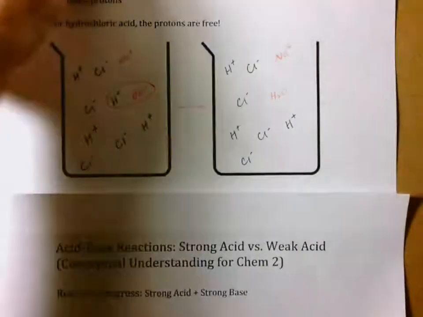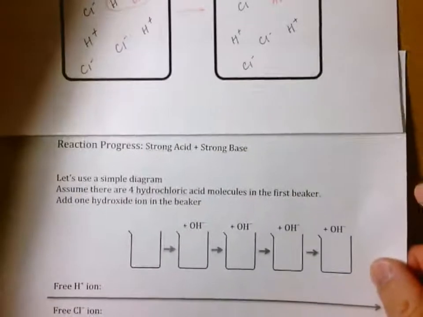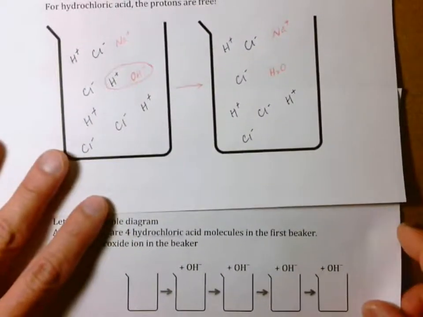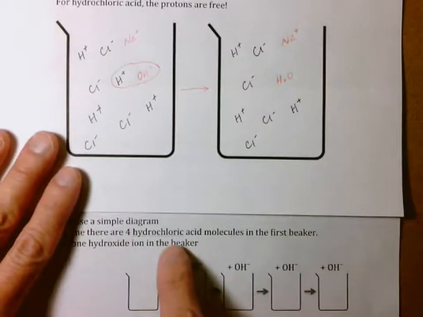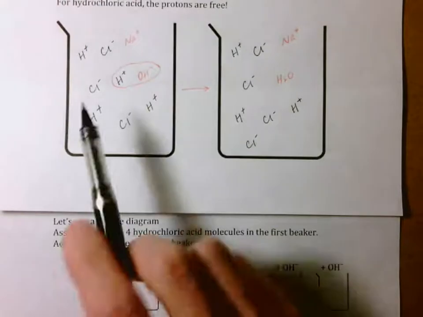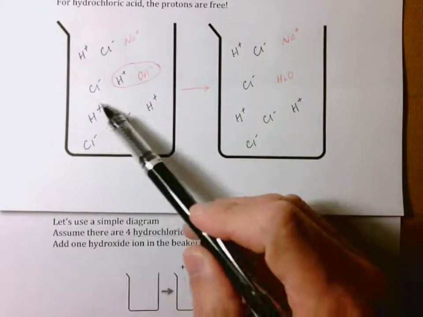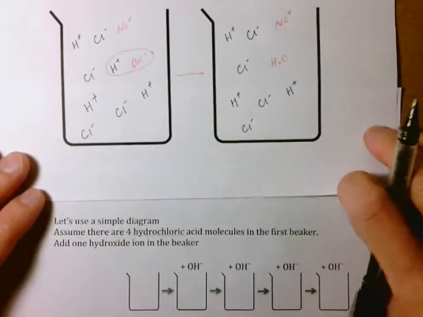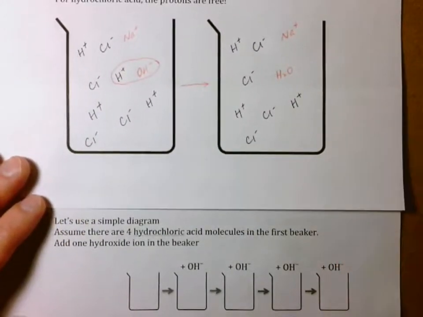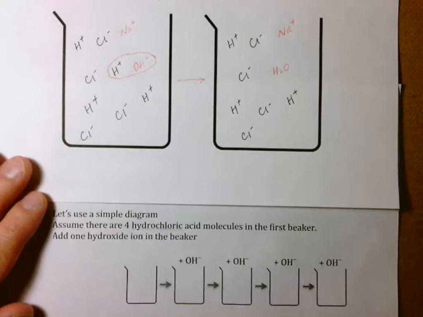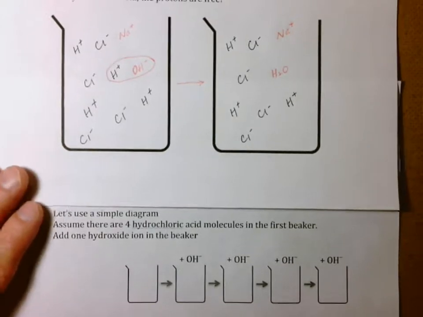I'm going to look at the progress. I have 4 hydrochloric acid molecules. See, 1, 2, 3, 4. So each time I add 1 hydroxide molecule into the same part, gradually see what happens.